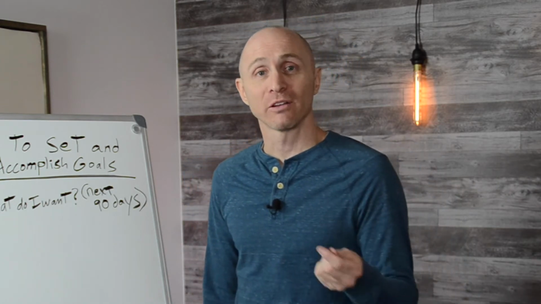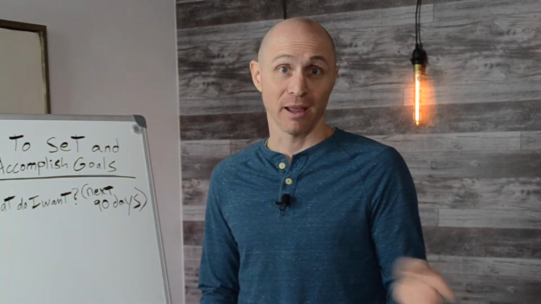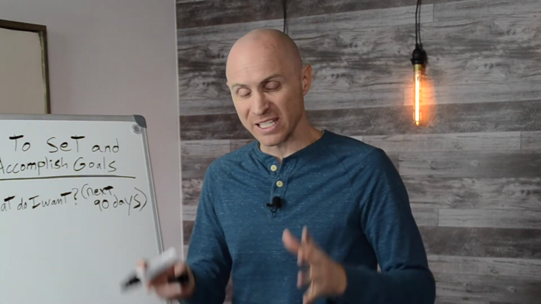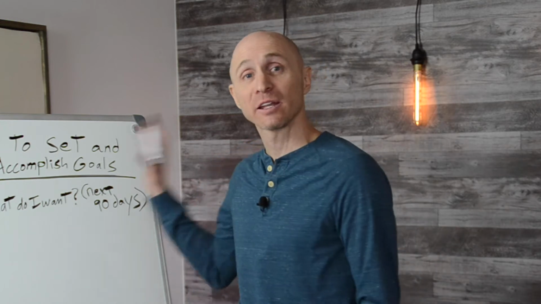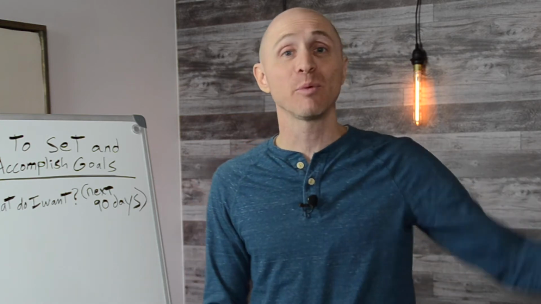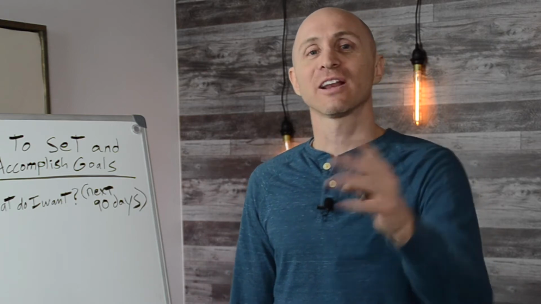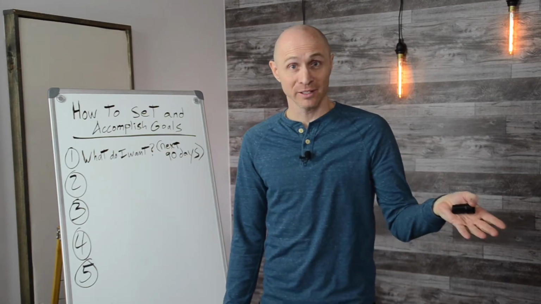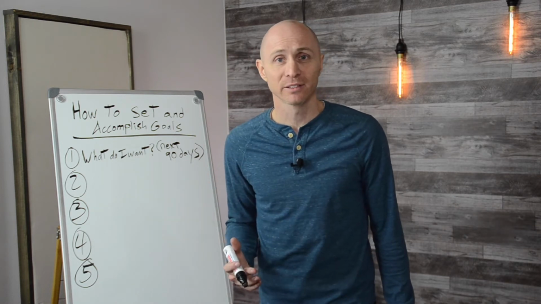And so if you get clear around what it is you want, I want to lose 10 pounds of fat. Okay, I want to be at this specific body fat percentage, or I want to make an extra $10,000 in the next 90 days that is on top of my other income. See, now we're getting clear, because check it out. If you go to a restaurant and you sit down and you say, I would like some food, please.